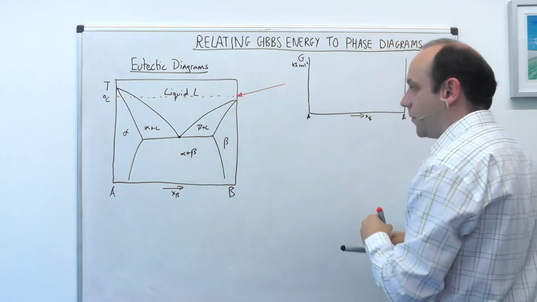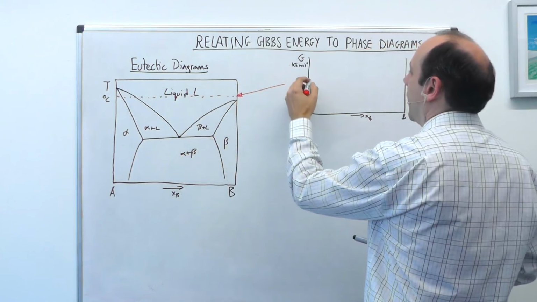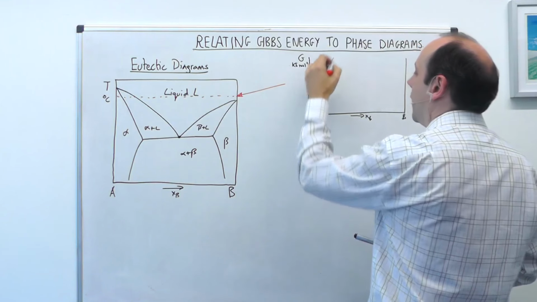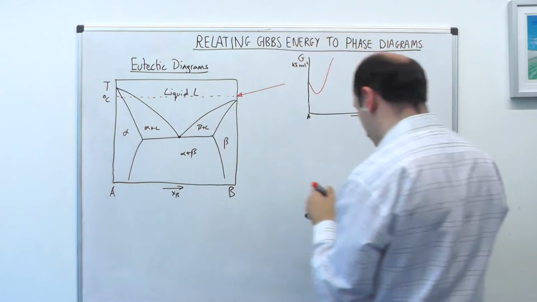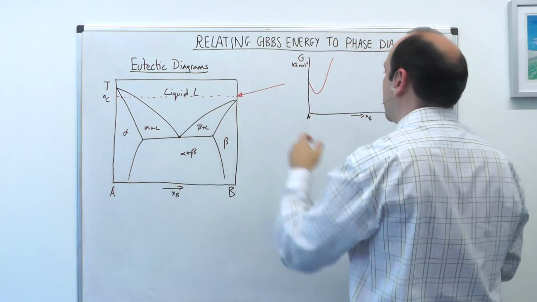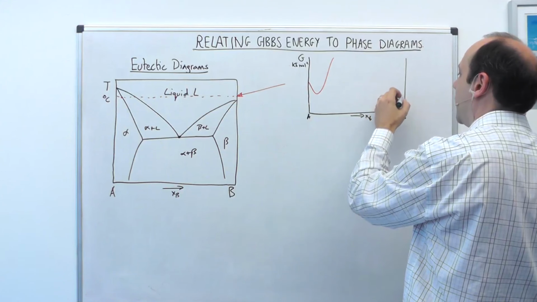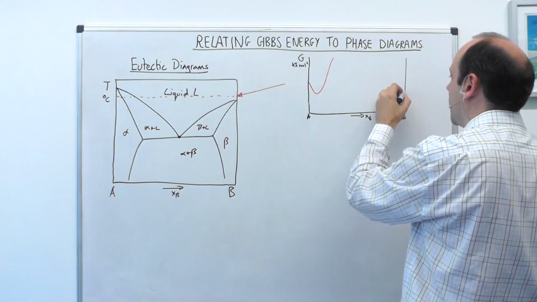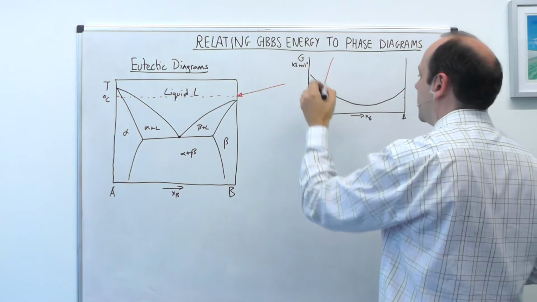And we've got an alpha phase. Let's draw the alpha phase in red. The alpha phase is the lowest energy phase at compositions up to this number here. And then we've got a liquid phase, and that's stable. That's the lowest energy phase across a whole range of compositions, most of them, in fact. So it'll do something, let's say, a bit like this.